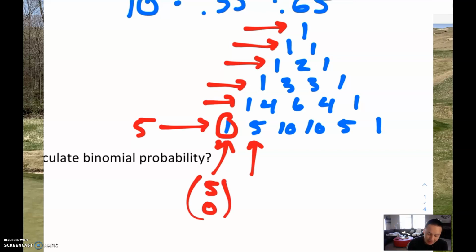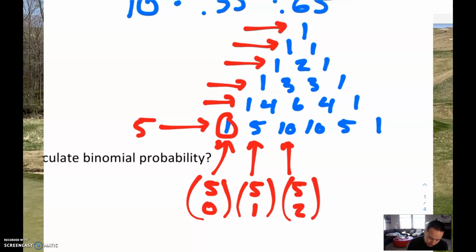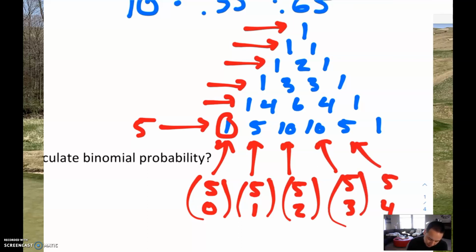And to get the second number in row 5, it's just 5 choose 1. To get this next one, it's 5 choose 2. The next one is 5 choose 3. This one would be 5 choose 4. And this last one, I don't have room to draw it, but it's 5 choose 5.